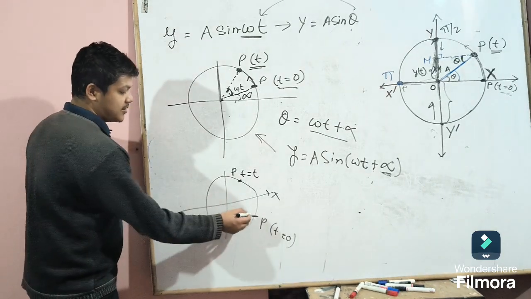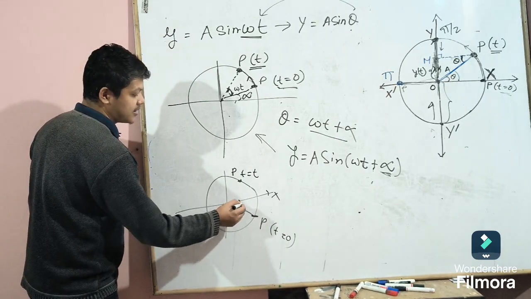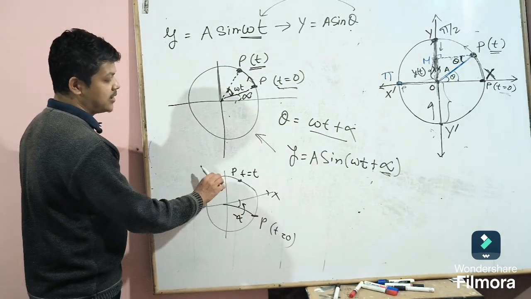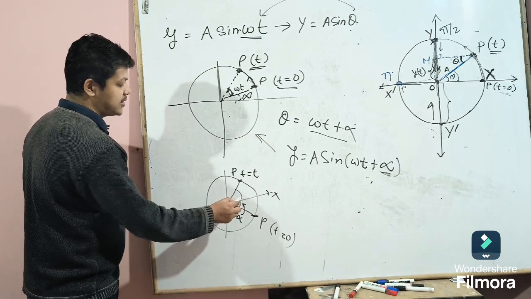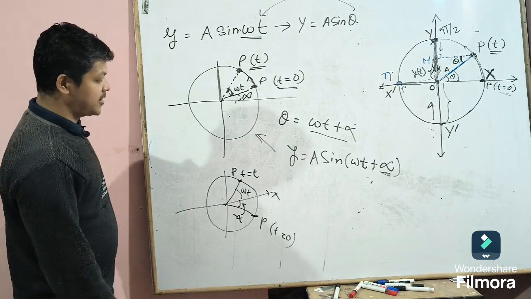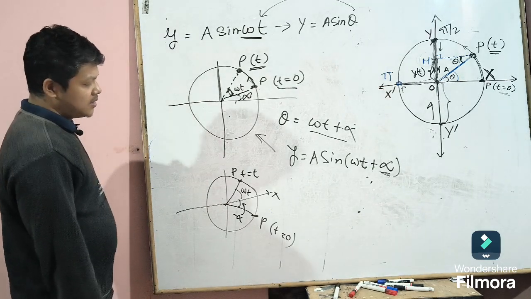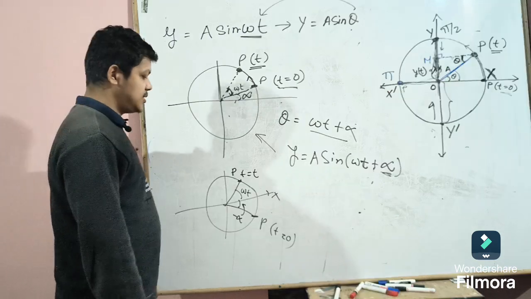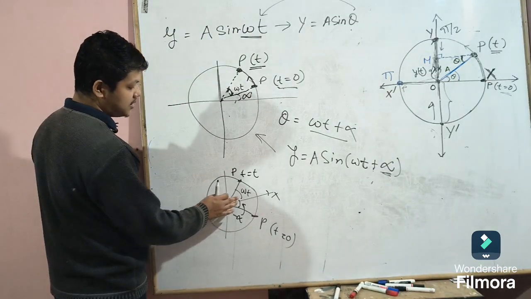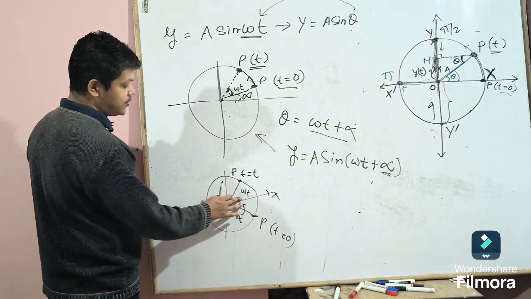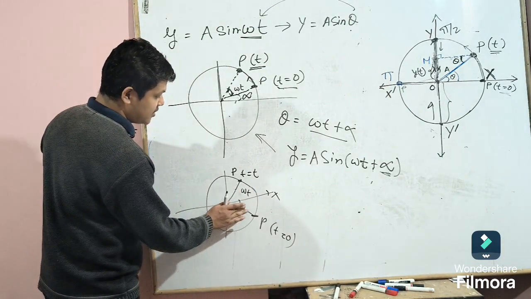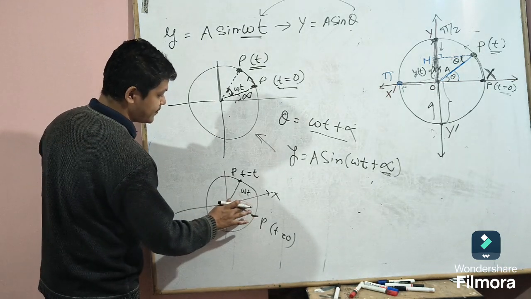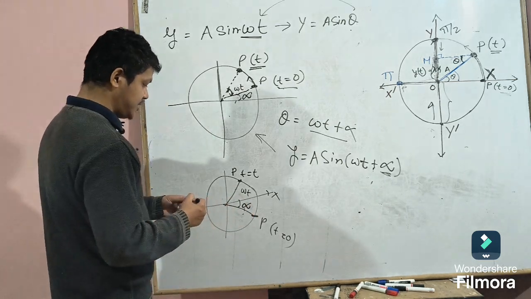Here this angle is alpha. In the clockwise direction we take negative, and in the anti-clockwise direction we take positive.